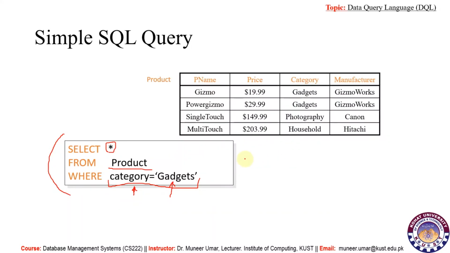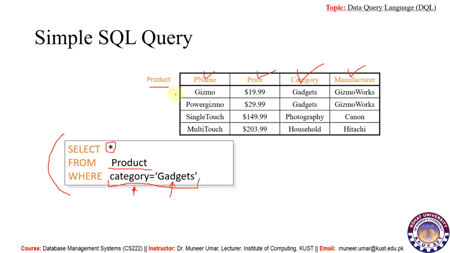Now here we have a table named product, and it has some attributes: p name, price, category and manufacturer. There are 4 attributes in this relation, so the instances or records in this table are in the rows.